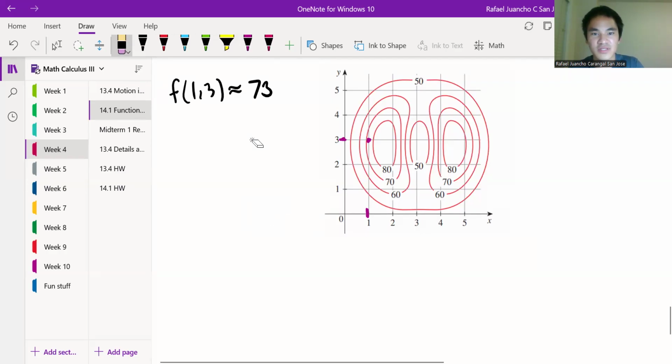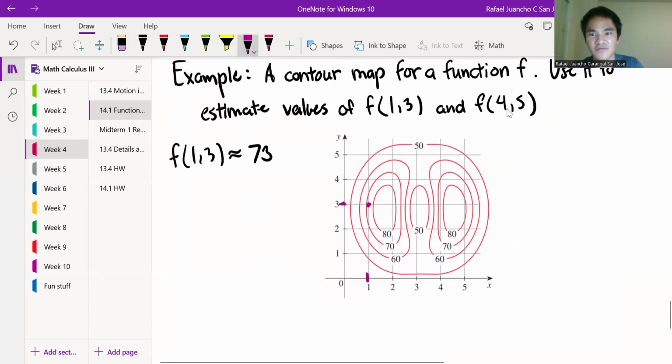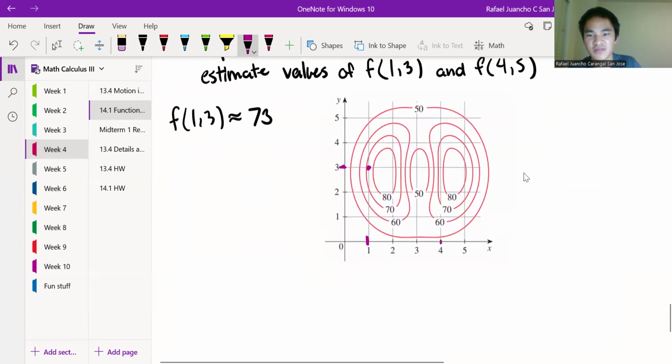Then the other one was f of 4, 5. So I would say here. And where is this in between? It's between 50 and 60, right?